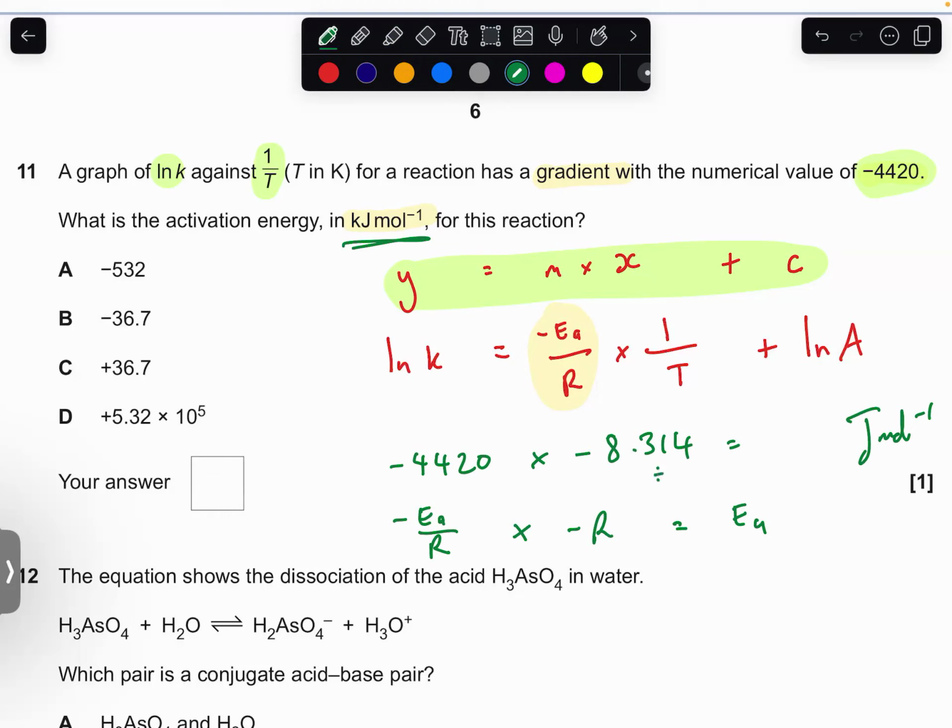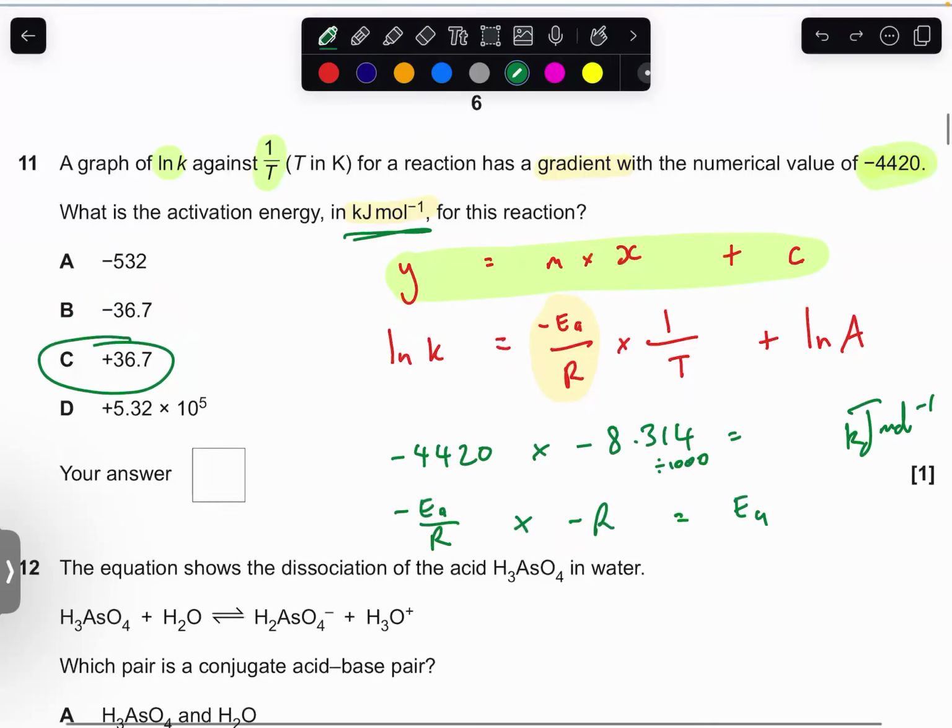So minus 4420 times minus 8.314 divided by 1,000 gives you 36.7, positive. And the mark scheme supports that. If you forgot to put the minus in here, you would have got the wrong answer, so please be careful of that. Yep, we have our answer. Next question.